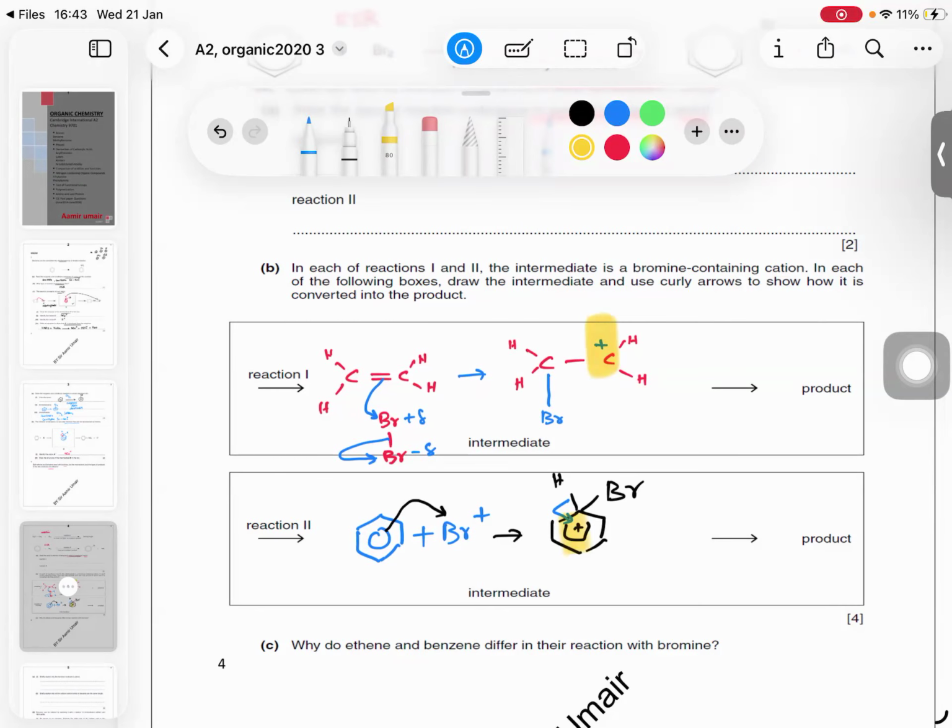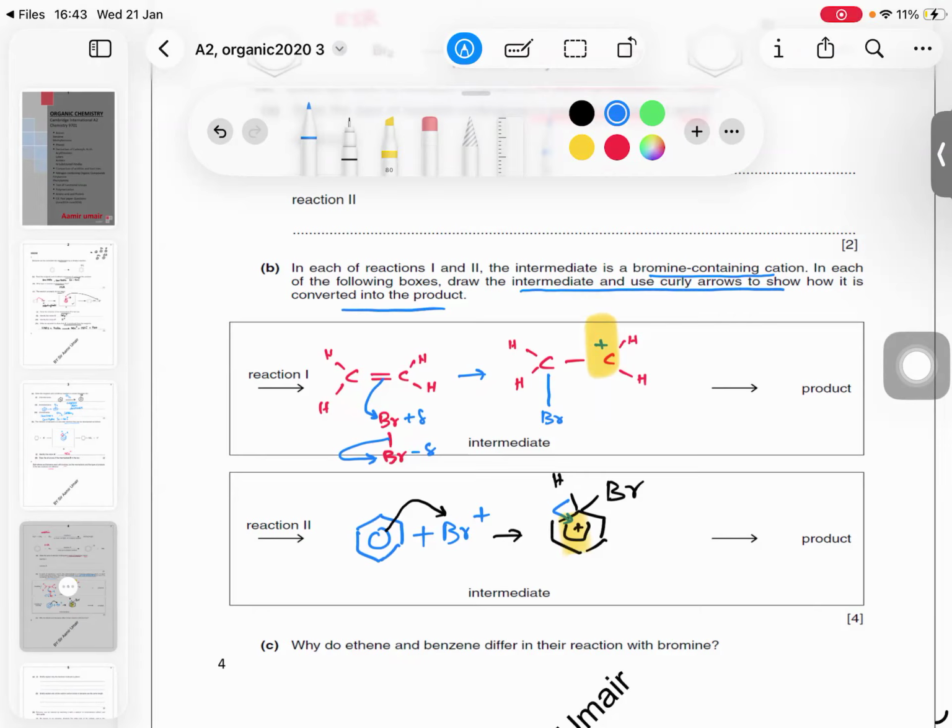No, we have to show both how it is formed, because he's asking. Look, what is he asking? The bromine-containing cation you have to show in each of the following. Draw the intermediate, use the curly arrows to show how it is converted into this.